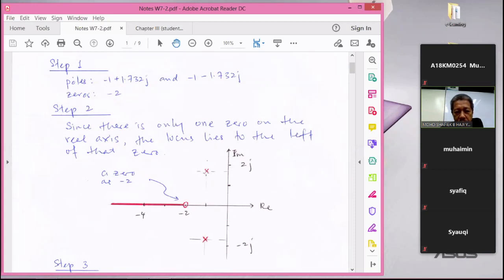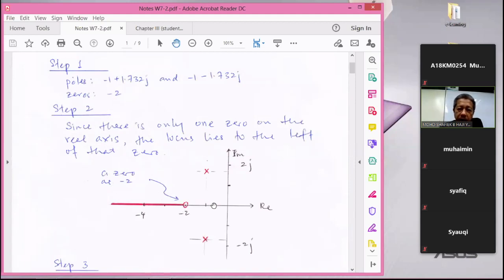And of course, when you have complex poles, they always come as complex conjugates. So you're going to have another one, the mirror image of that with respect to the real axis, at -1 minus 1.7j. So here you have 2 poles and 1 zero.